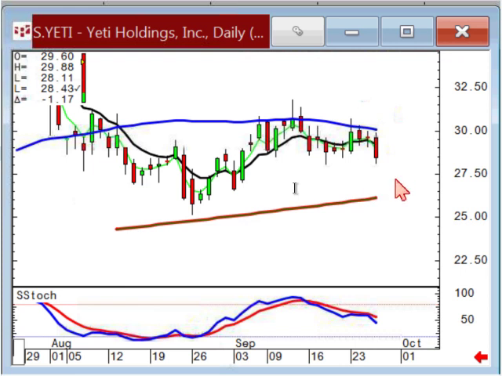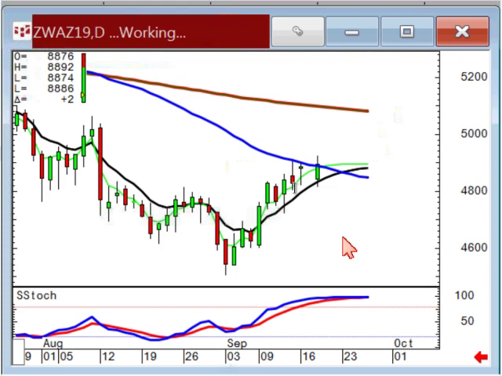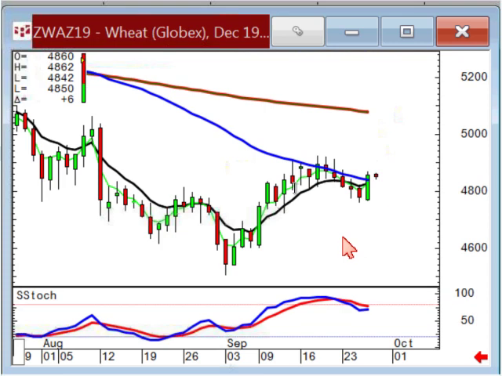If I'm trading intraday, I might be trading soybeans. That's not a good chart to illustrate. Let's see if I can find. This is after hours. So I might look at this bobble breakout on wheat.